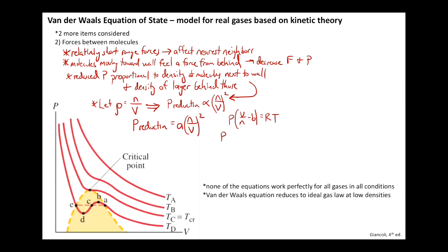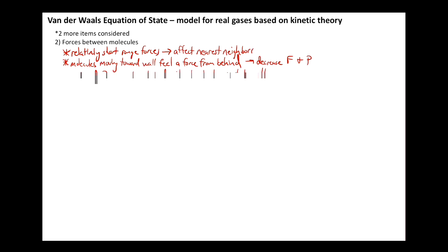So pressure is equal to RT over (V over N minus B). And then we're going to use our pressure reduction and subtract A times N over V squared. So now we're just including number two, the forces between molecules, and our assumption of how much we think the pressure is going to drop by subtracting that out.